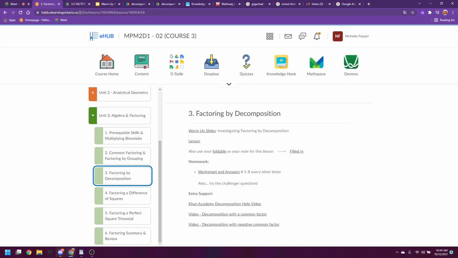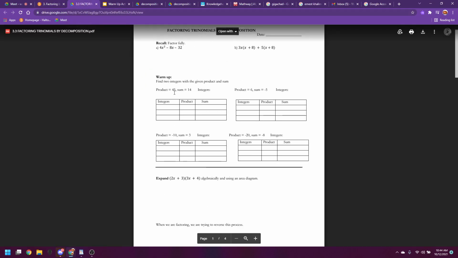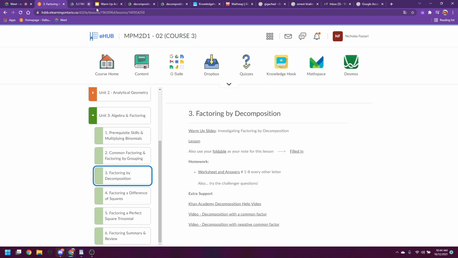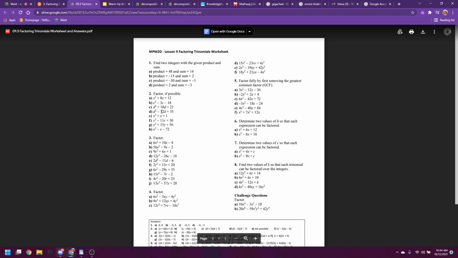That's homework? 1 to 8, every other letter. It's not that. Extra support with Khan Academy. Every other. Oh. It's so messed up, man.